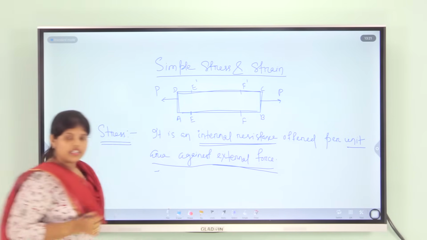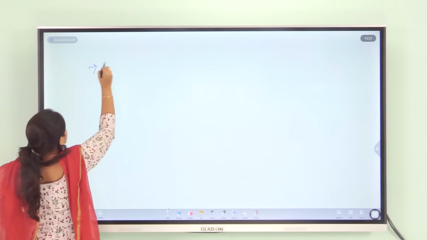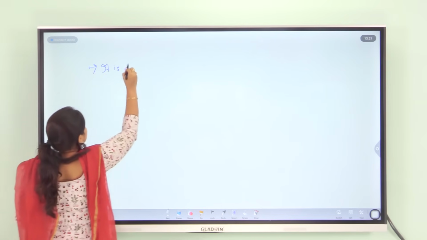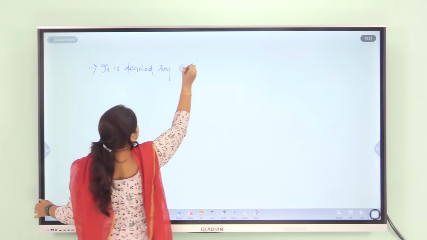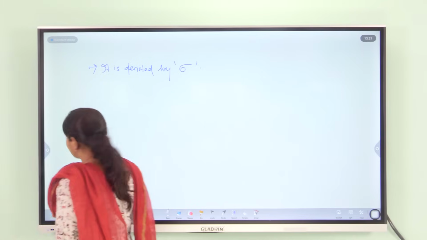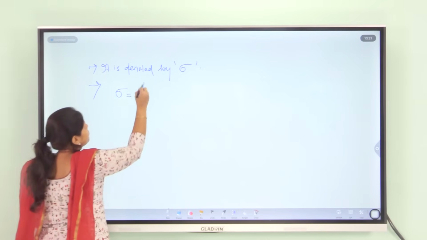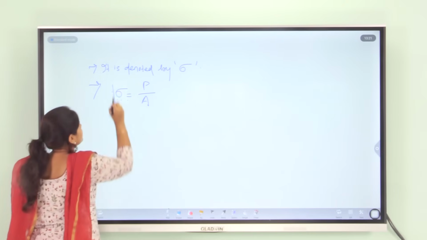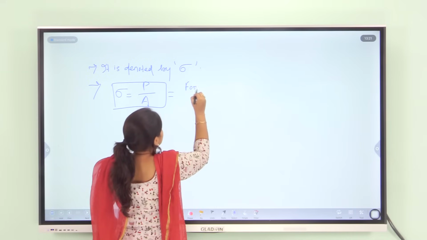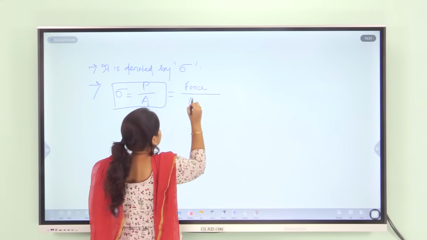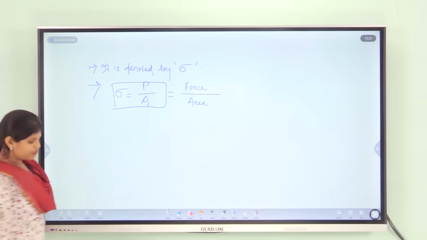Now, stress is always denoted by sigma. So, what will be your formula? Sigma is P upon A, where P is the force and A is the area of the body or structure.